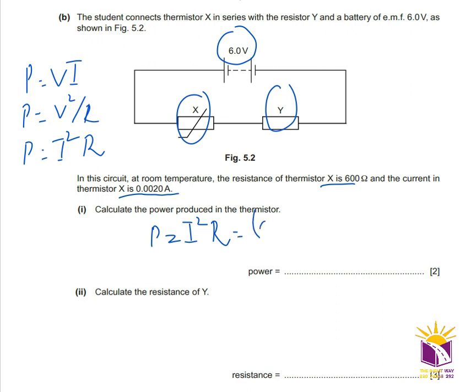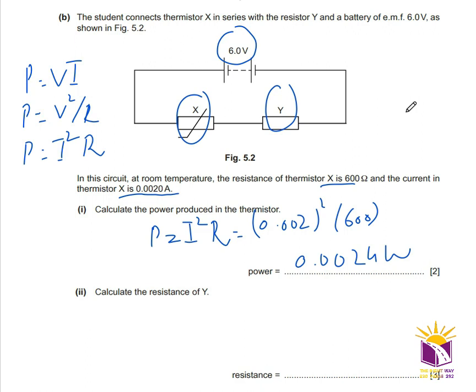So I squared will be 0.002 squared multiplied by 600, and the power dissipated in the thermistor X will be equal to 0.0024 watt.